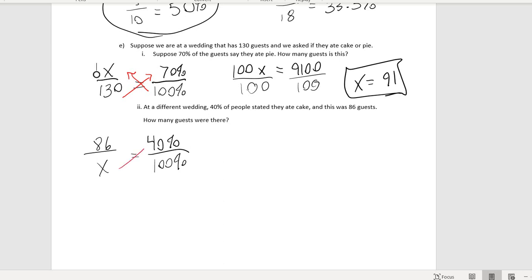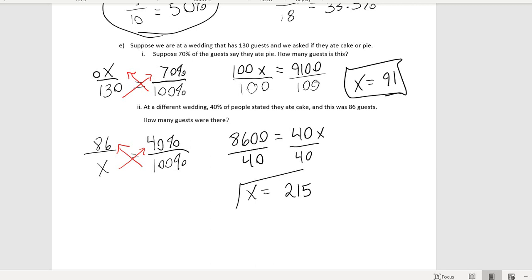We're going to do the same thing again. We're going to cross multiply, make our lives a little bit easier. So that would be 8600 equals 40x. And then to solve for x, we're going to divide both sides by 40. So x equals 8600 divided by 40. That's going to give us that we had 215 guests total.